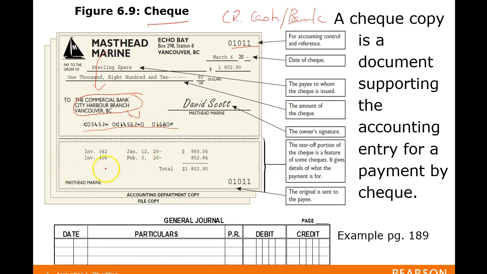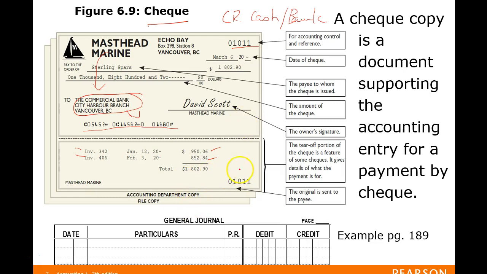Then we have this second thing, our check copy down here, and it tells me that this $1,802 is made up of paying off invoice 342 and invoice 406. So it's providing the details of what invoices I'm paying off. This is important to Sterling Spars so that they know which invoices have been paid off.